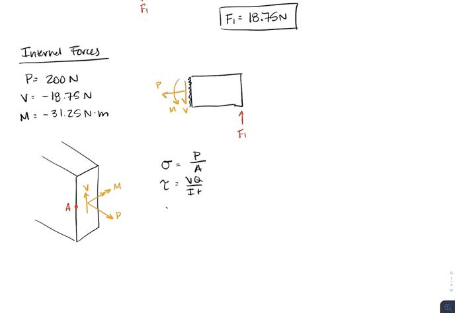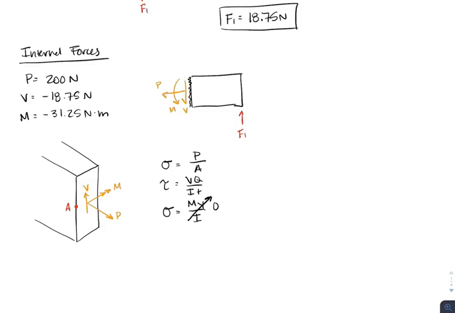In our equation for stress due to bending moment, My over I, our y, or distance away from the neutral axis, is going to be 0. So the stress due to the bending moment is 0, but we will still have an axial stress and a shear stress at point A.